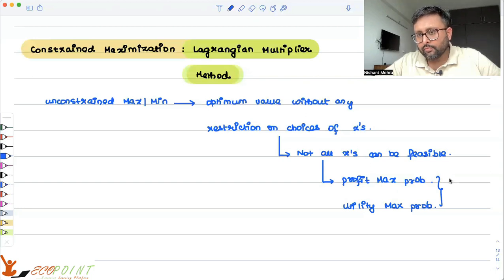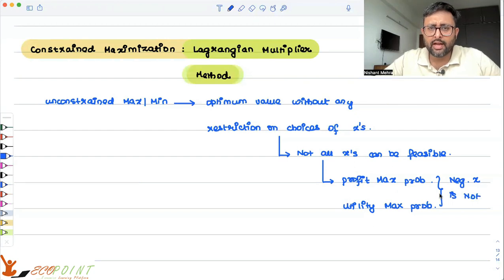So negative x is not allowed. More than not allowed, it does not have any meaning.